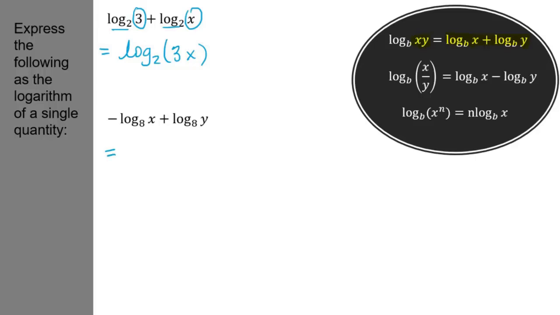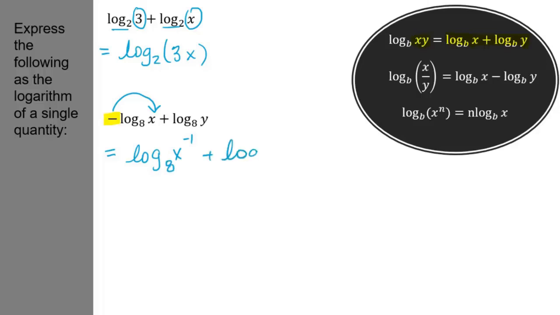For the second question, we have 2 approaches that we can take. You can consider this negative log of x to the base 8 as being a multiple. The first thing that we'll do is we'll turn that multiple back into a power. So we'll write this as the logarithm of x to the power of -1, and that's to the base 8.